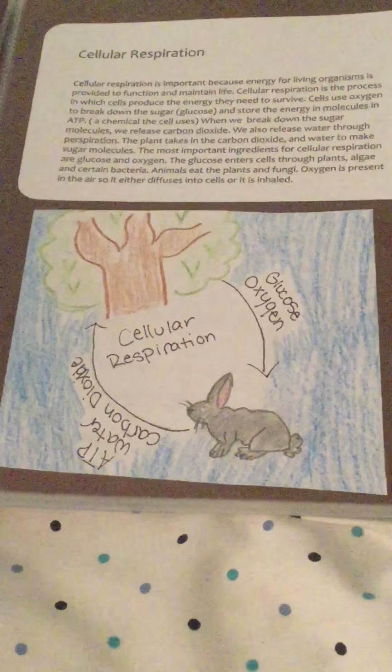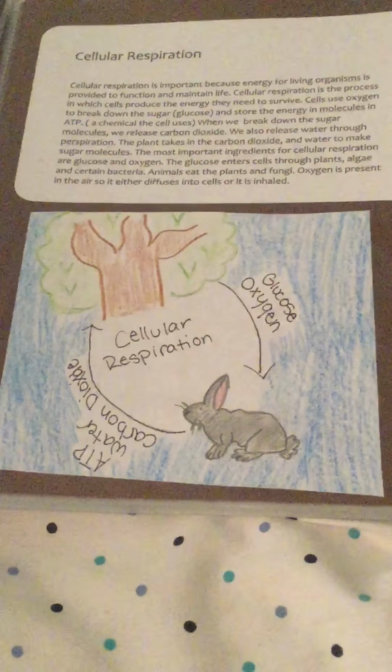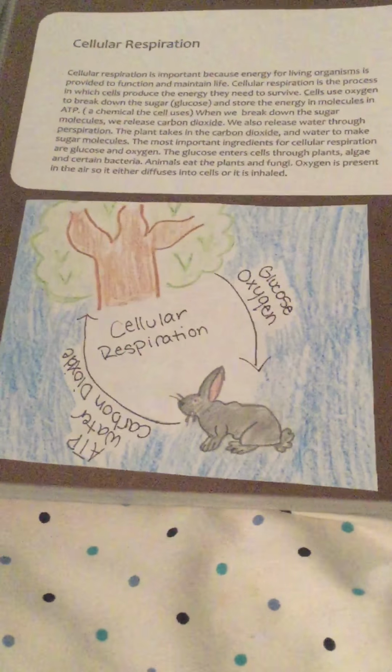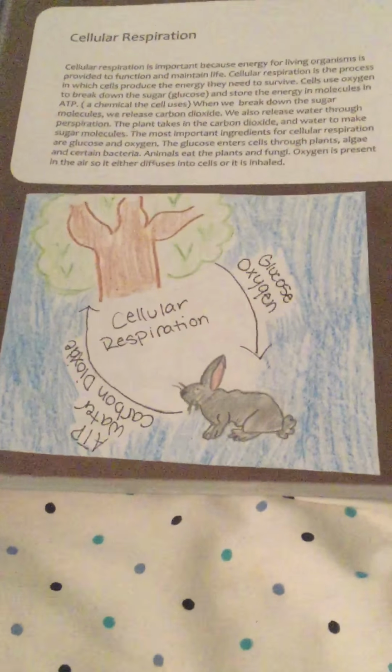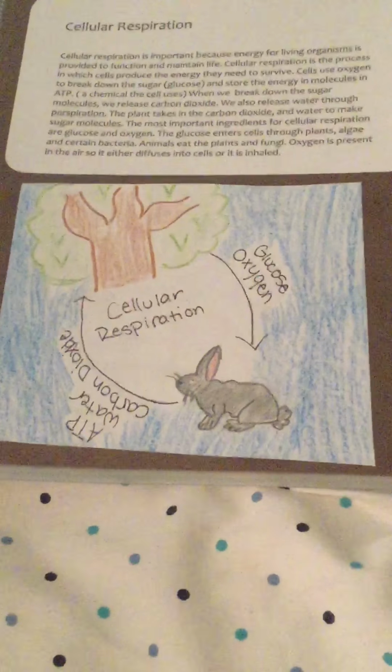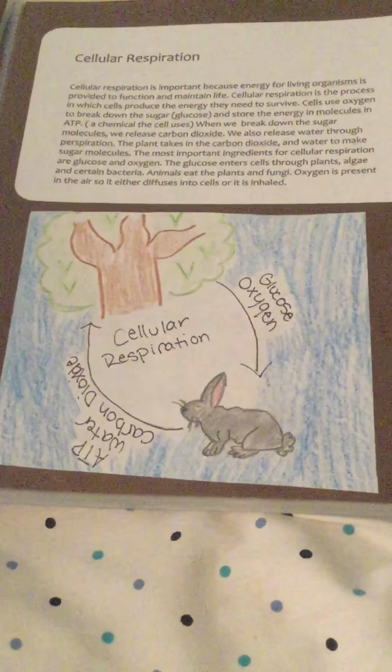The most important ingredients for cellular respiration are glucose and oxygen. The glucose enters cells through plants, algae, and certain bacteria. Animals eat the plants and fungi. Oxygen is present in the air, so it either diffuses into cells, or it is inhaled.